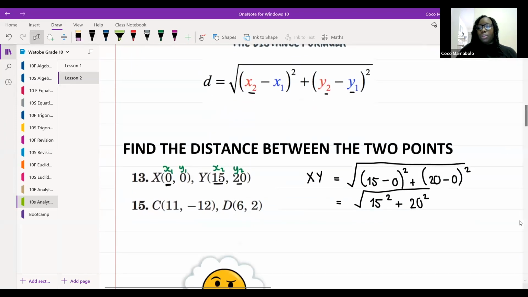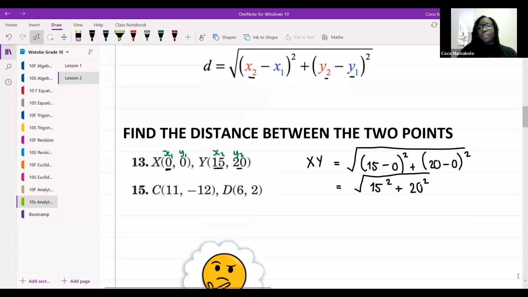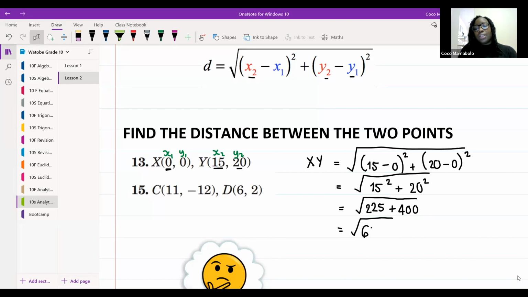I'm just going to move up just a tiny bit. I don't want to hide the formula. This is equal to the square root of 15 squared is 225 plus 20 squared is 400. And that means I'm looking for the square root of 225 plus 400, which is 625.